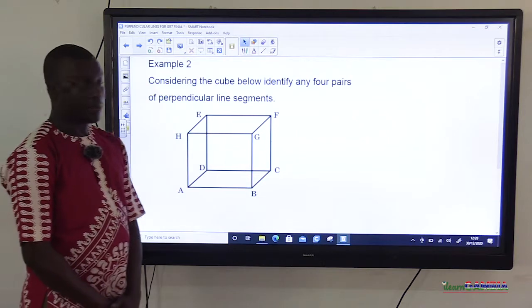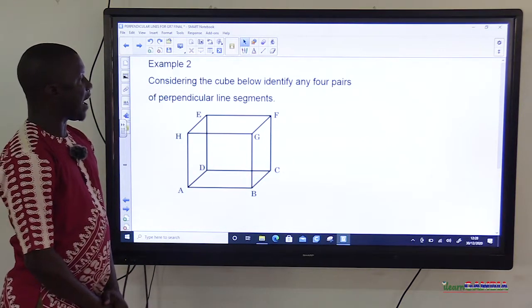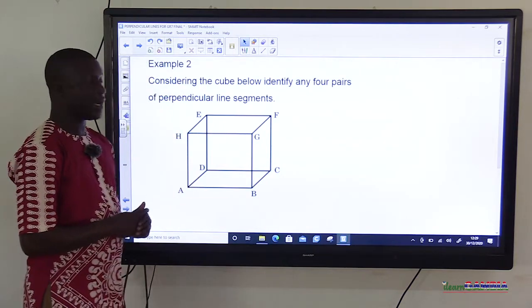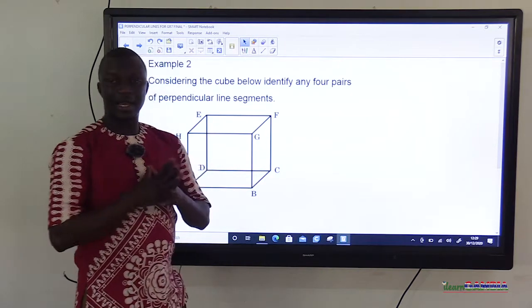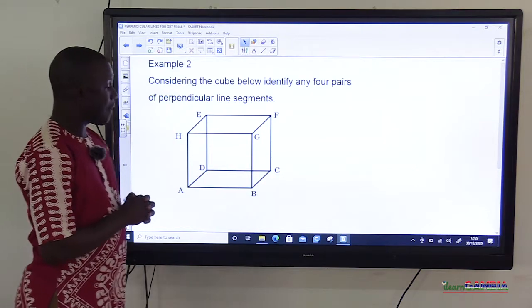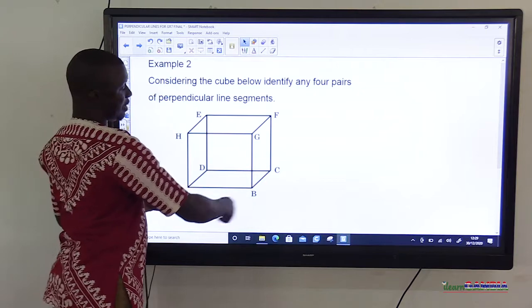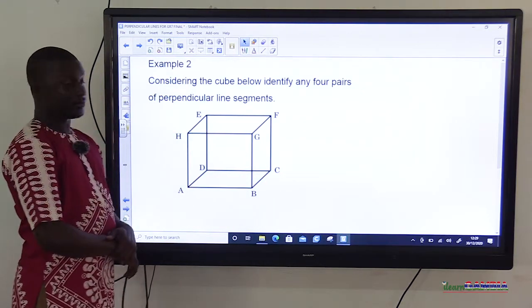Now here is another example. Considering the cube below, identify any four pairs of perpendicular line segments. Four pairs of lines that are perpendicular to each other. As we can see, AB is perpendicular to AH.